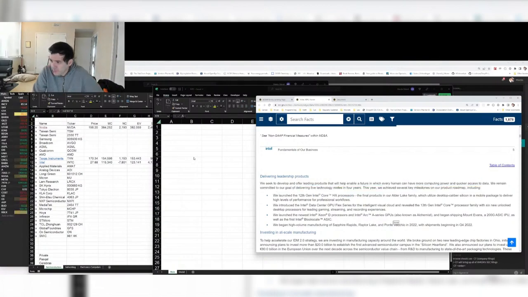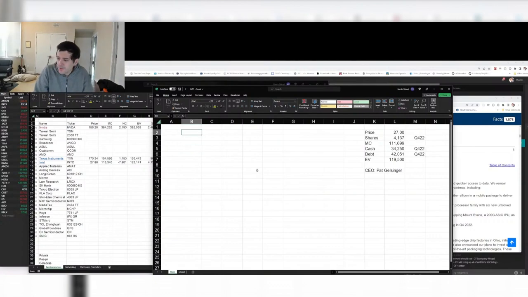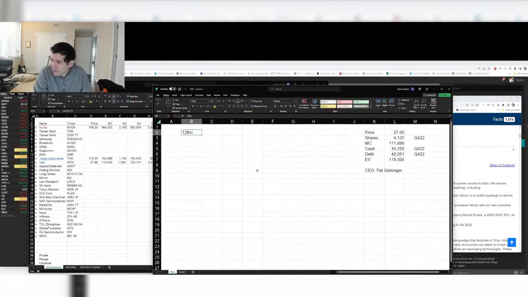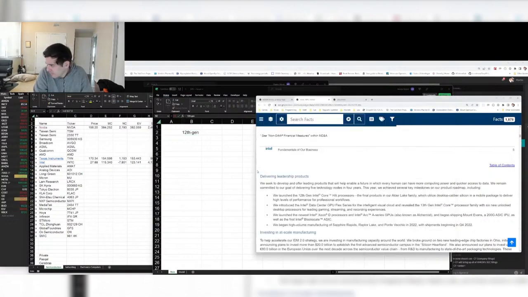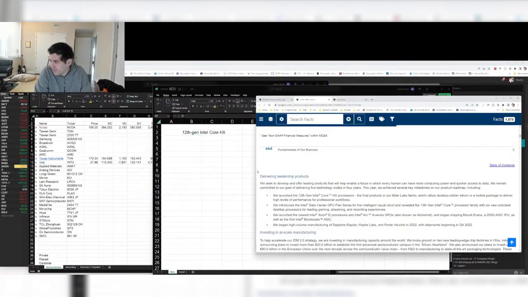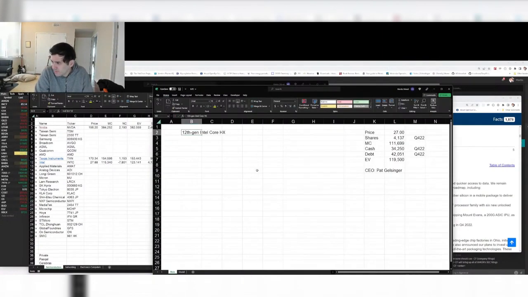Okay, so the product roadmap is one of the most important things in semiconductors, and it's often a little tricky, but I guess it's the 12th gen HX, or Intel Core HX, and semiconductor experts, okay, Alder Lake.